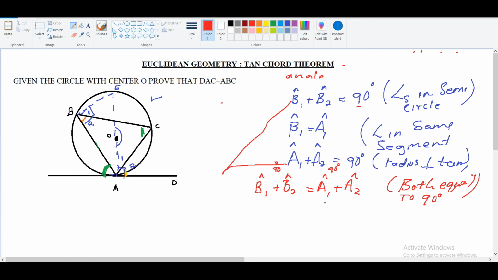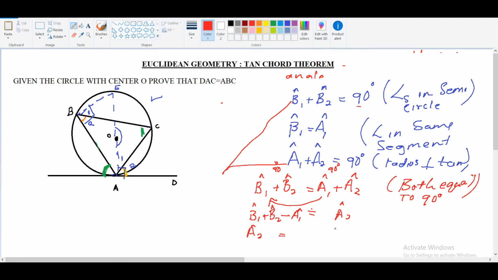So from this equation, I can make A2 the subject of the formula. Here we can transpose this one to that side, and then we remain with A2 equals B1 plus B2, minus, now if you move this A1 to the other side, it becomes negative A1, right? So let's rewrite our equation in a friendly format.